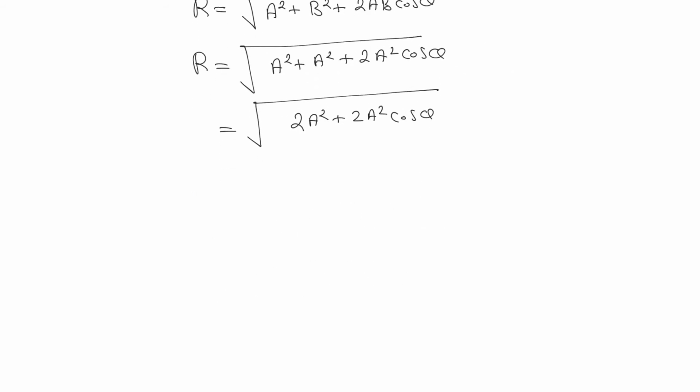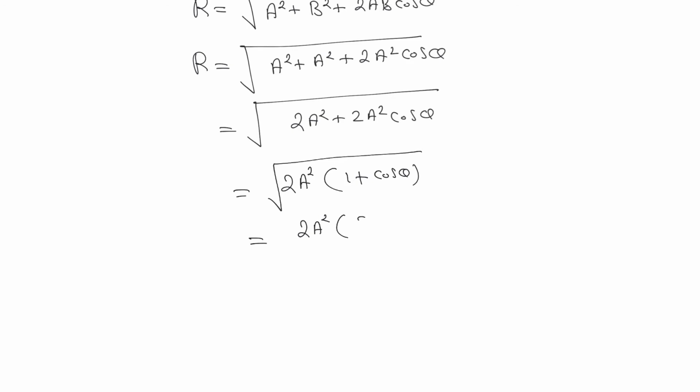So we can take this 2a square as common, so it becomes under root of 2a square into 1 plus cos theta. Now this 1 plus cos theta can be written using the trigonometric relation.